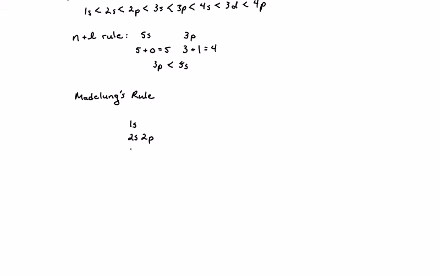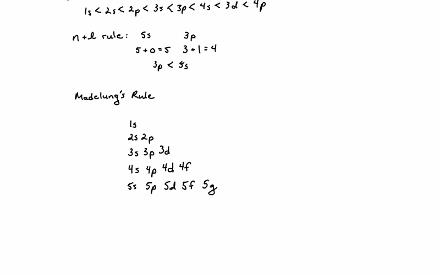We move to the third, 3s, 3p, 3d, 4s, 4p, 4d, 4f, 5s, 5p, 5d, 5f, and 5g. I'm going to stop there because we really don't need to go much higher than this.